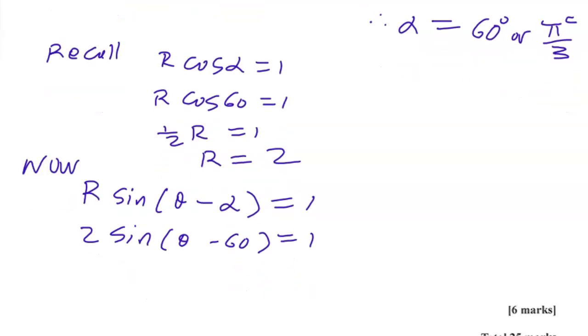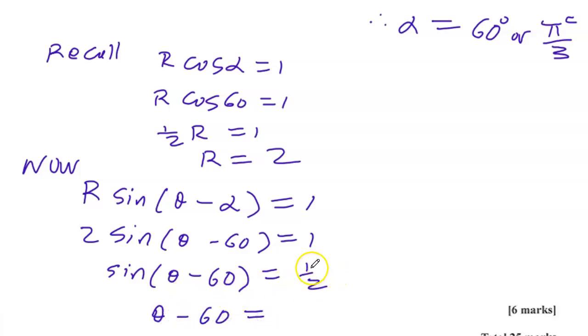Which means sin theta minus 60 is equal to half if I divide both sides by 2. Now, which angle do you sin to get half? Theta minus 60 is equal to sin inverse half. That's 30 degrees. Remember sin is positive in two of the quadrants, so the other angle would be 150 degrees.